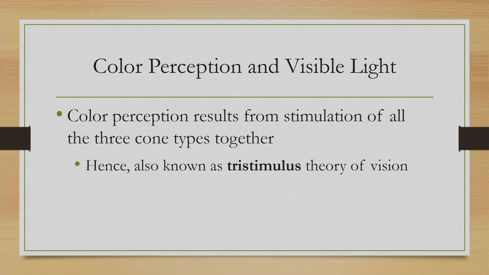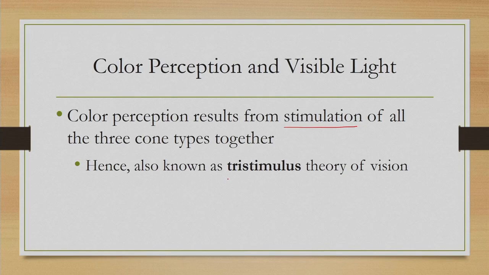Then how do we perceive color? So, when light comes, it contains all these frequencies. Accordingly, all the three cone types get stimulated, and then as a combined effect of stimulation of all the three cone types, we get to perceive the color.